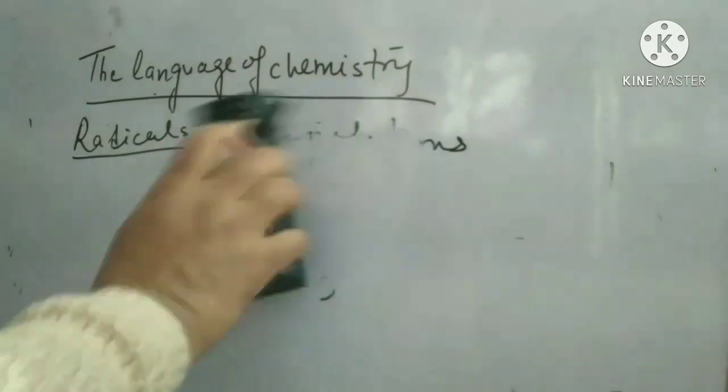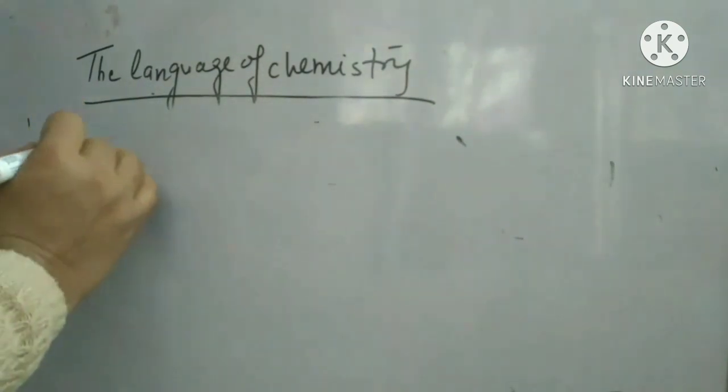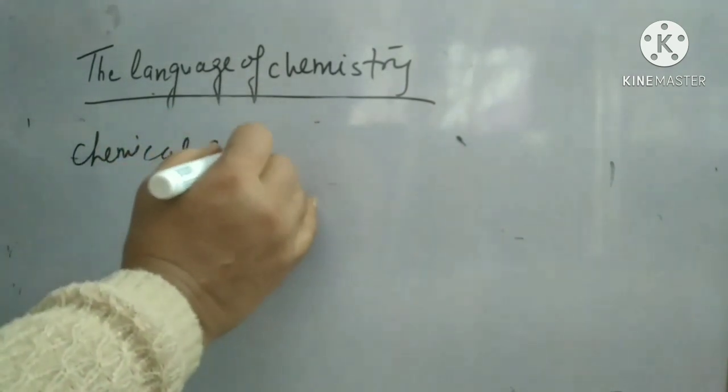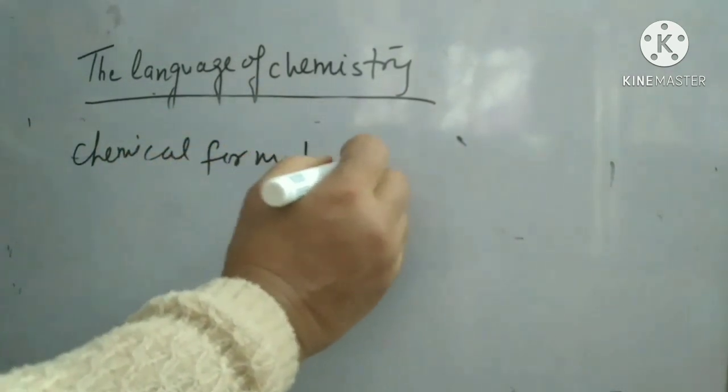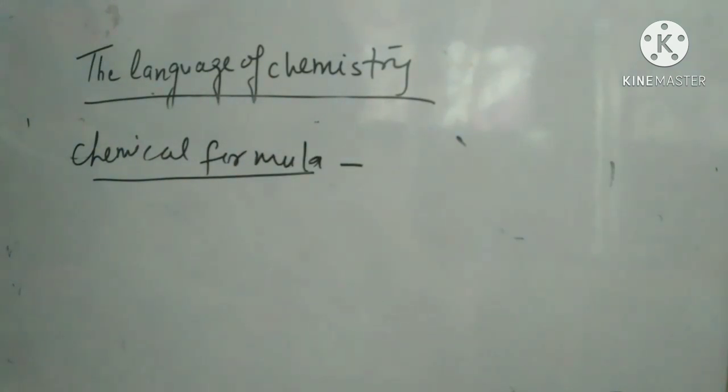Now coming to next topic, that is chemical formula. So what is chemical formula? Chemical formula is the representation of a molecule of a substance, that is element or compound, by symbols.